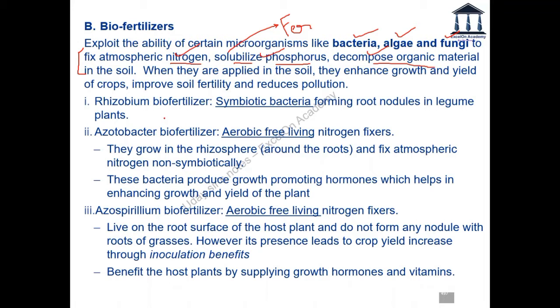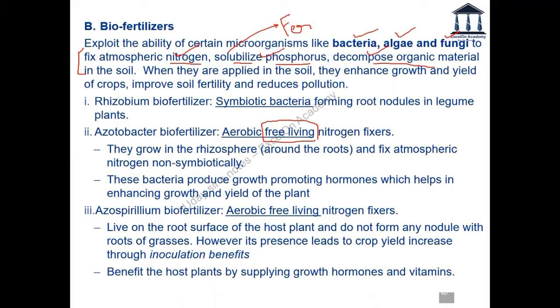When the bacteria fixes nitrogen, but does not get anything in return, then it is called a free living nitrogen fixing bacteria. Are you able to see the simple difference? Symbiotic bacteria are those bacteria which do something for the plant and they get something in return, whereas free living bacteria are those which act as a fertilizer for the plant, but they do not get anything.